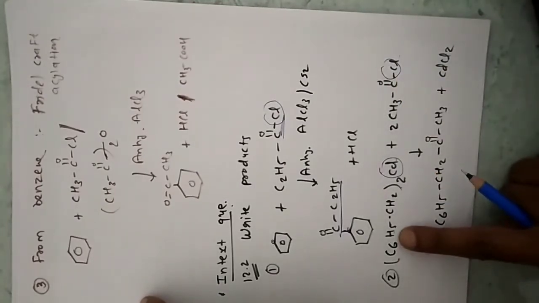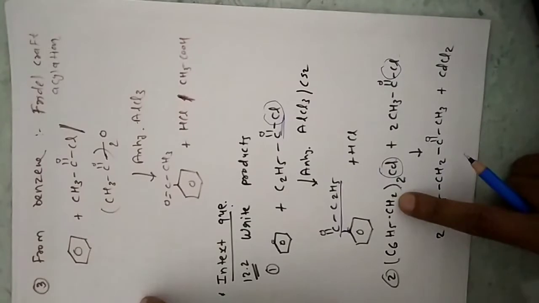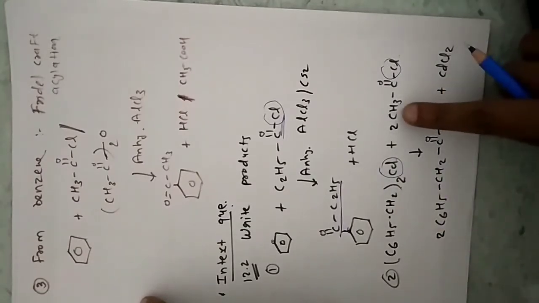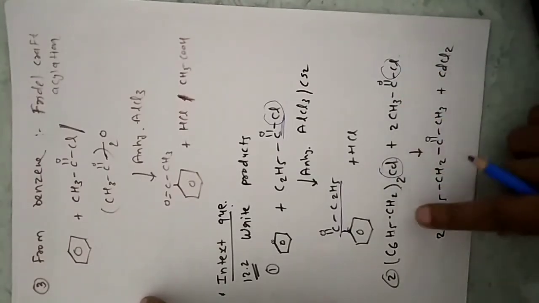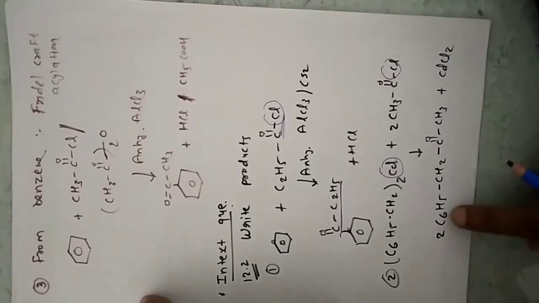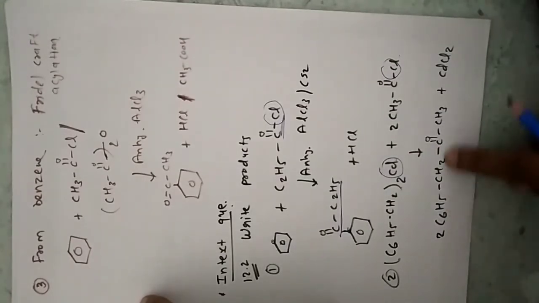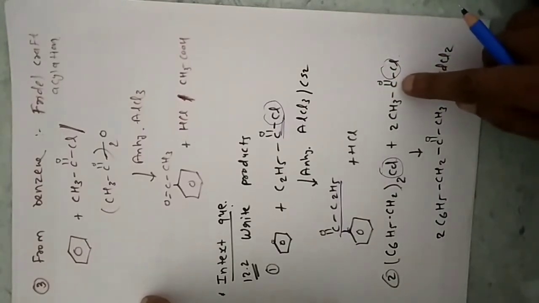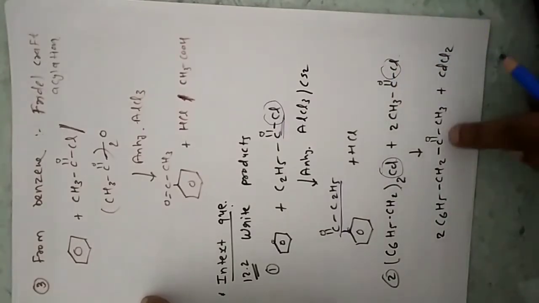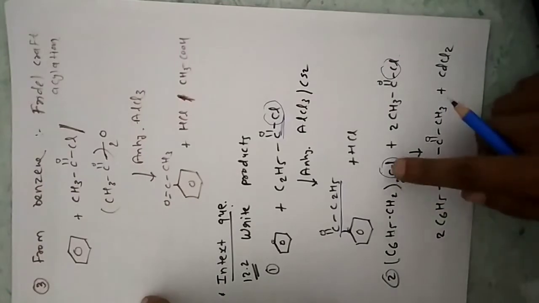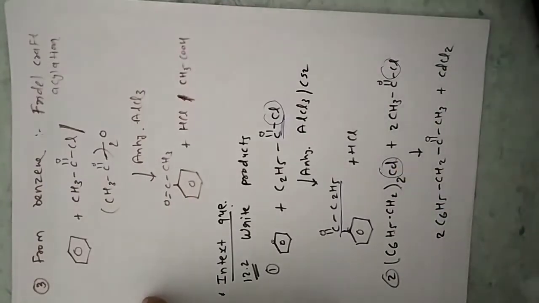Again C6H5CH2 COCH3, since we have 2 times C6H5CH2 and 2 times CH3CO. So 2 molecules of C6H5CH2COCH3 plus CdCl2.